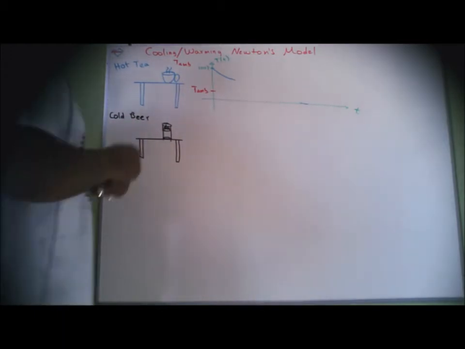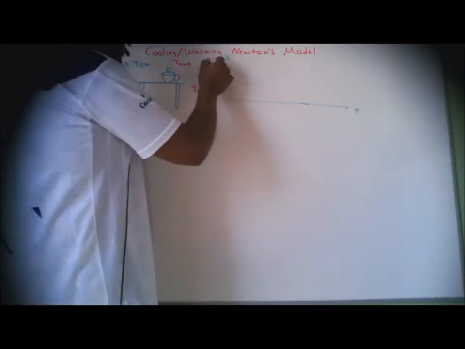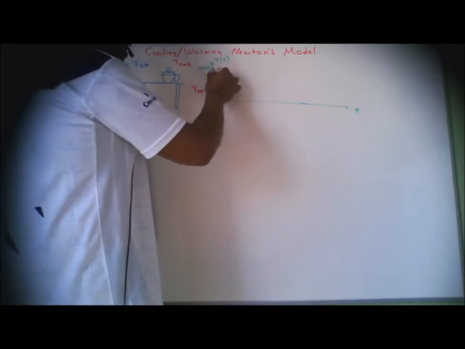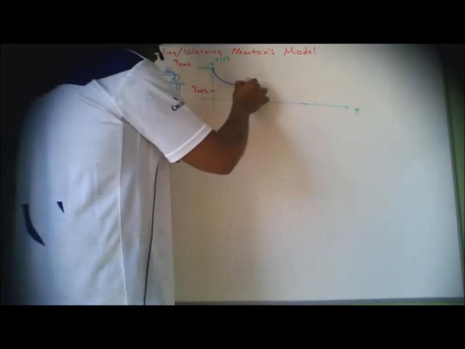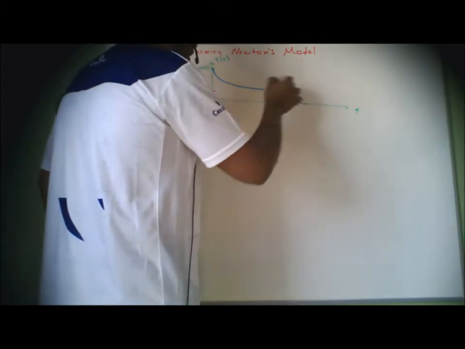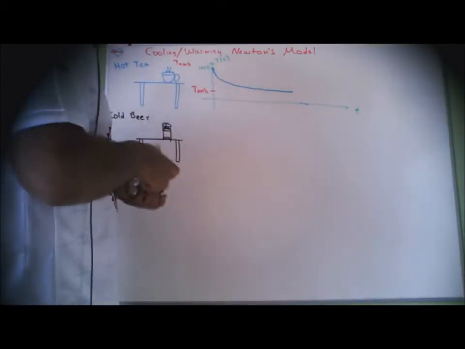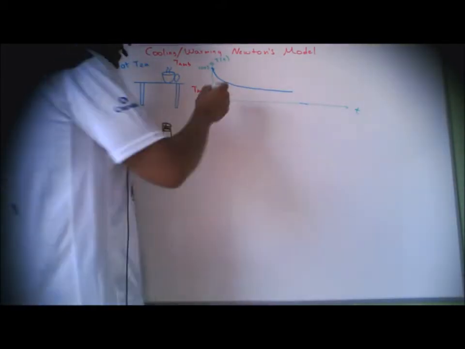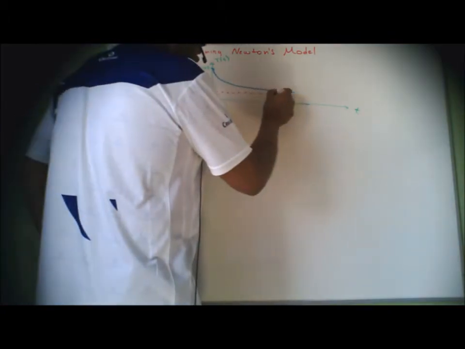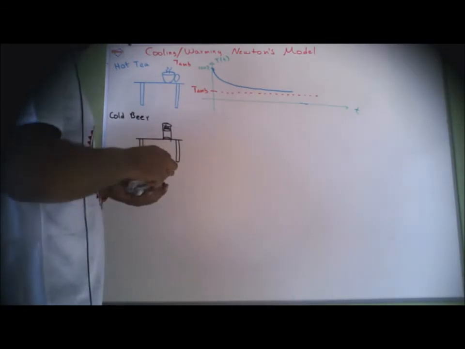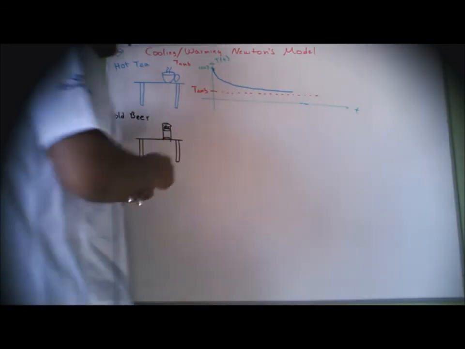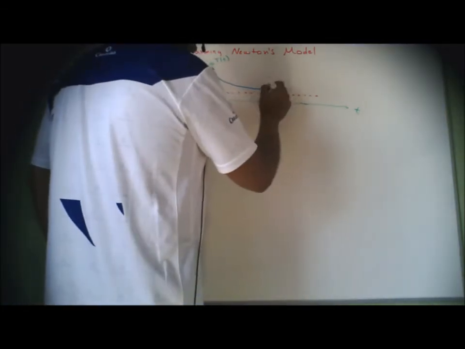So the temperature is going to decrease, it's going to decay, it's going to cool, but the limit will be the ambient temperature. So we have a horizontal asymptote, and that is the limit. It cannot go below because the heat transfer law doesn't allow it to become cooler. Okay, so that is the model.